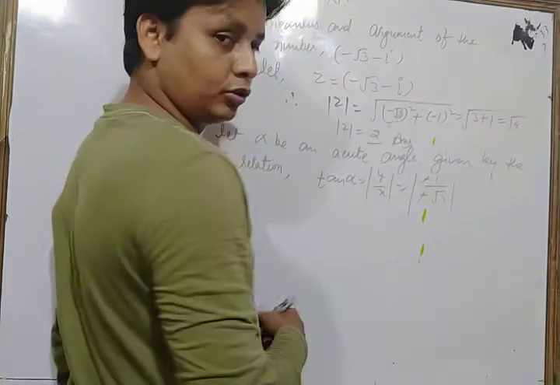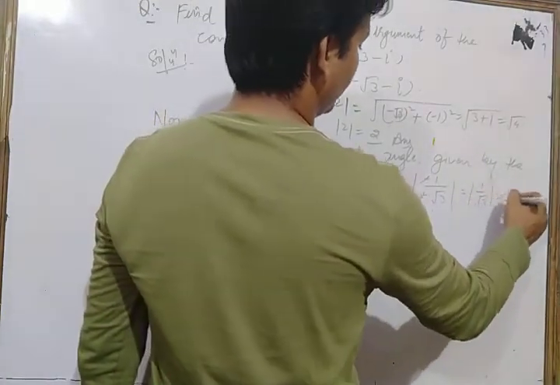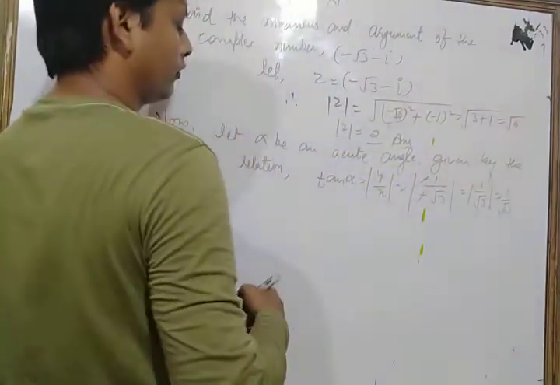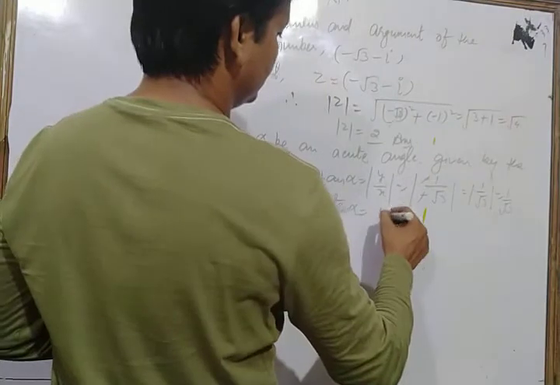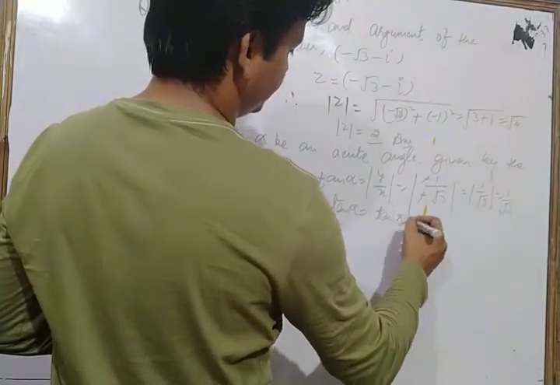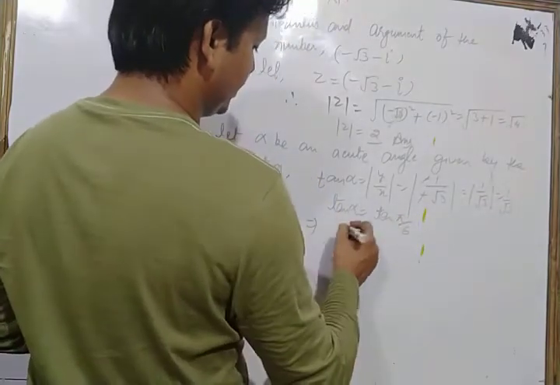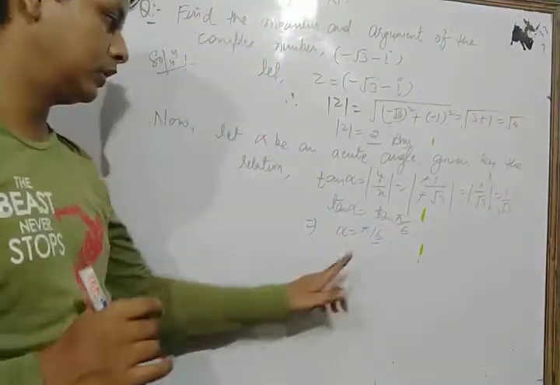The minus signs cancel each other, we have mod of 1 by root 3, that is 1 by root 3. So tan alpha is equal to tan 30, means pi by 6. So the value of alpha is equal to pi by 6.